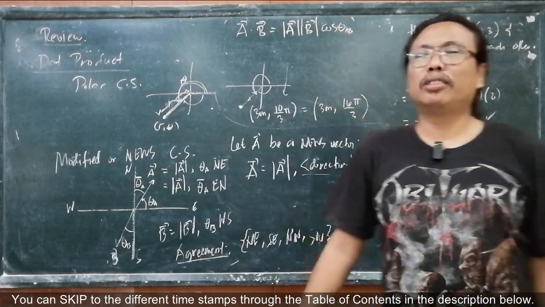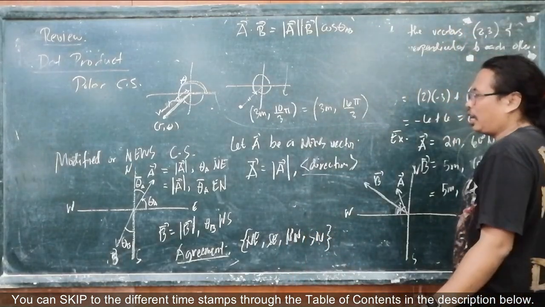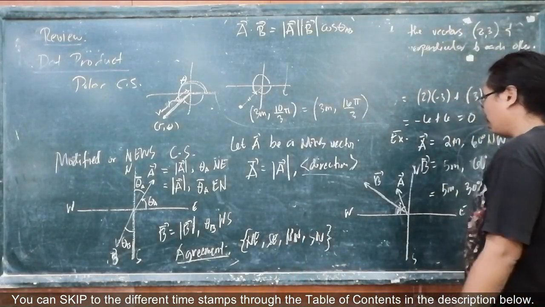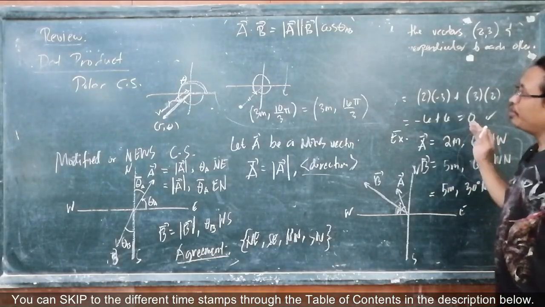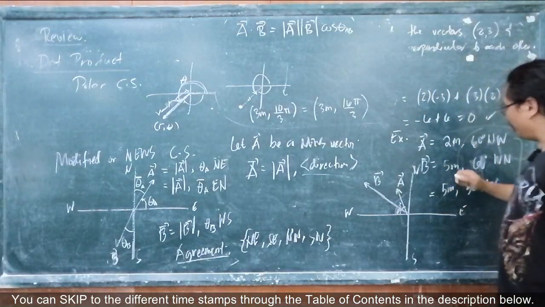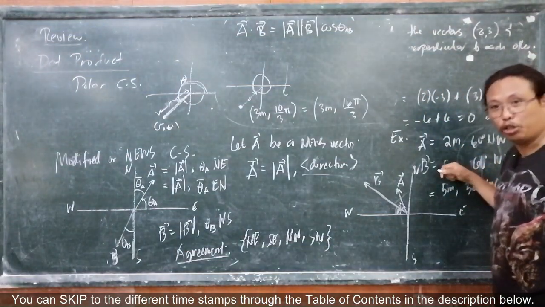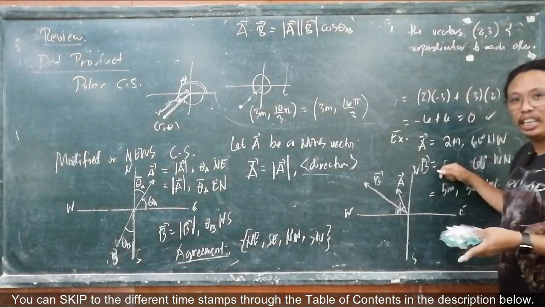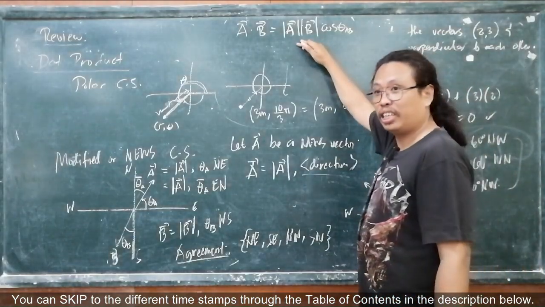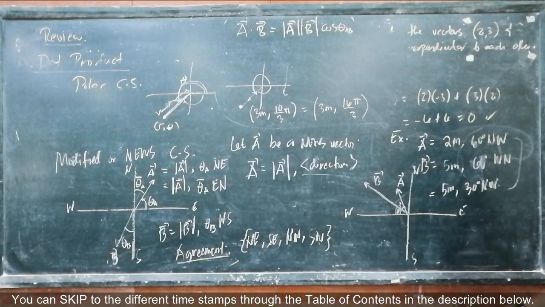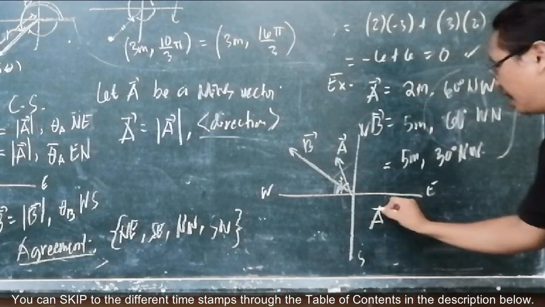Okay, but it's not a formal name actually. But since we are now given the magnitudes and the angles can easily be calculated, we can now use this. So for example, if this is vector A and this is vector B, what is A dot B?